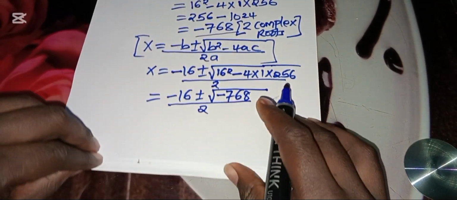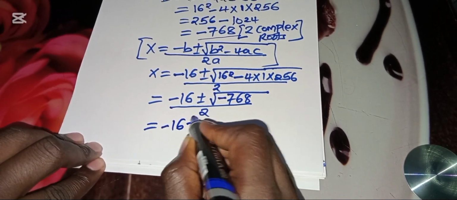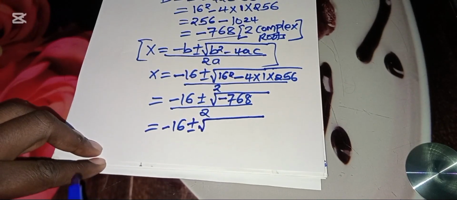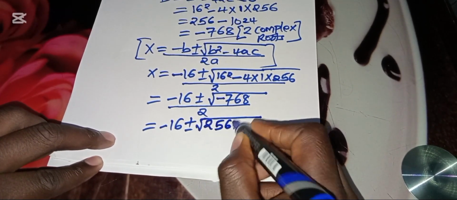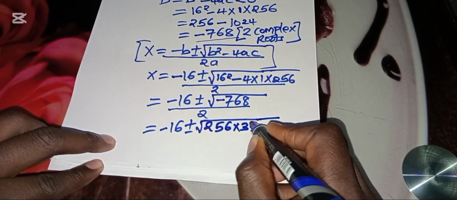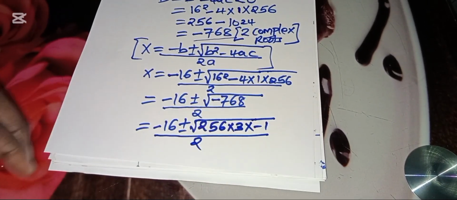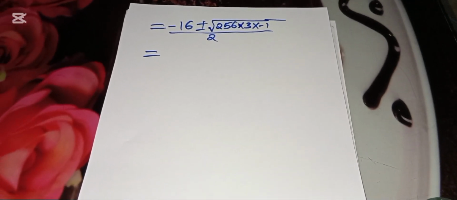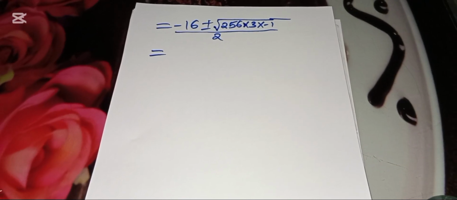Now we have negative 16 plus or minus the square root of negative 768. We can express it as 256 multiplied by 3 multiplied by negative 1, divided by 2.